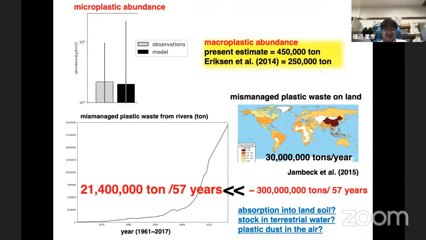So this plastic moves to the area over East Asia. So in the ocean surrounding the Japan islands, the concentration of macro and microplastic becomes very large. And interestingly, the microplastic concentration in the ocean around Japan is larger than the concentration around China. I think it's very interesting.